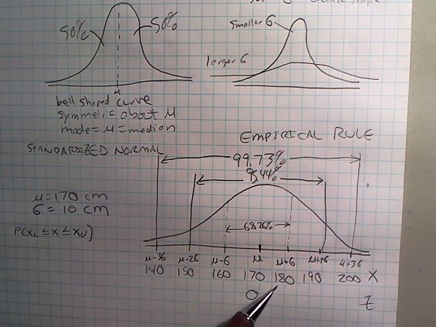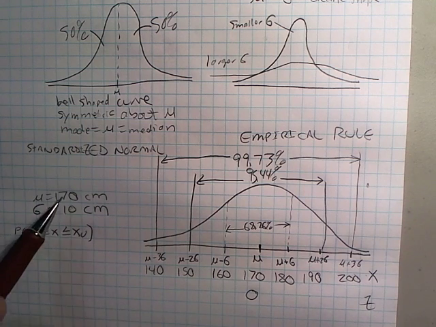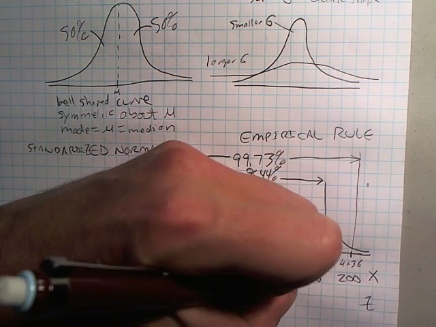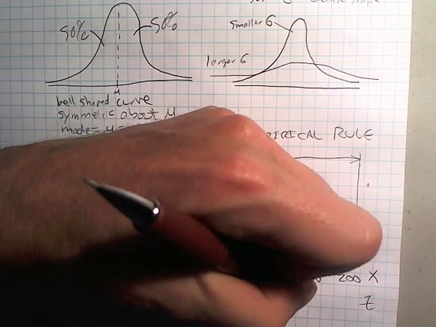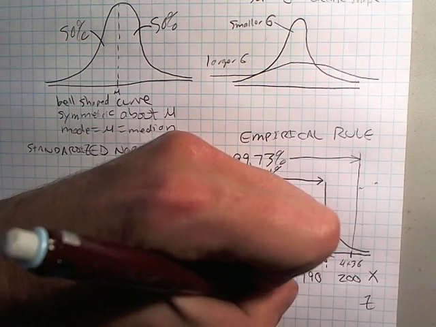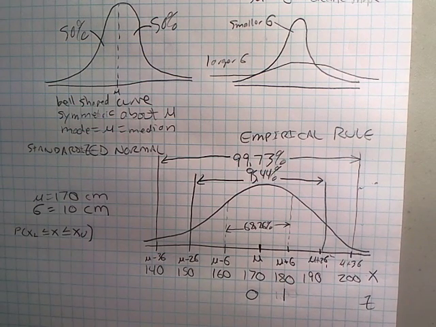An x score of 180 would fall exactly 1 standard deviation above the mean, and therefore its z-value is 1.